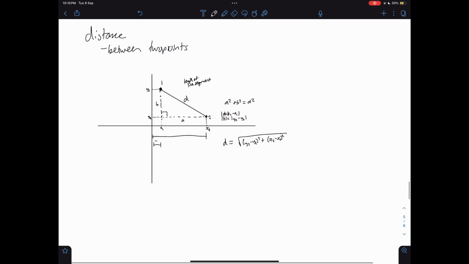One thing you might get in an exam is, maybe they'll give you 1 point, they'll give you a gradient of a line, and they'll give you the distance to a second point. And you've got to find the two possible second points that it could be. Something like that.